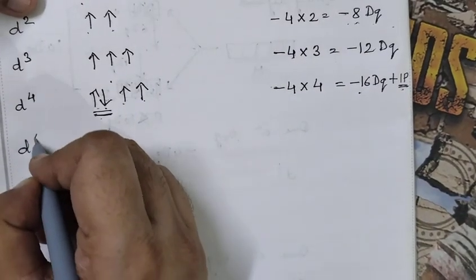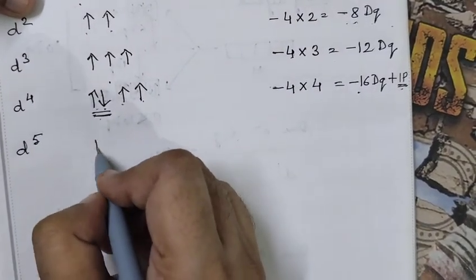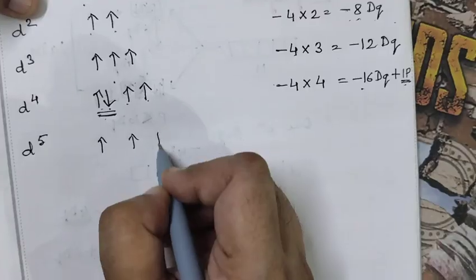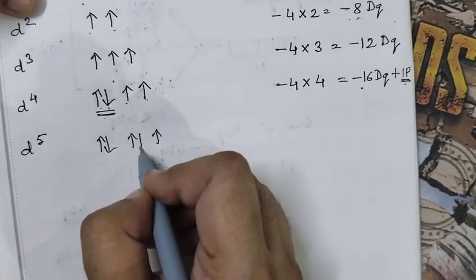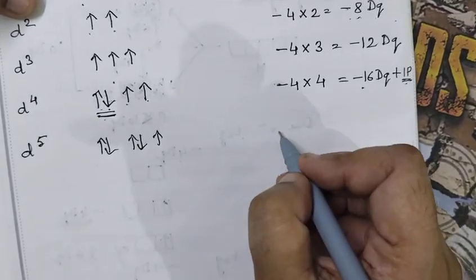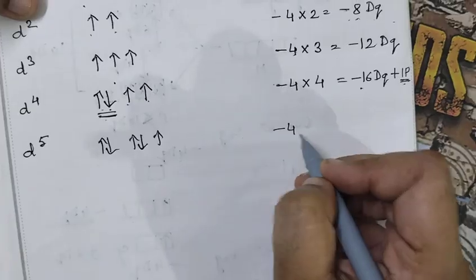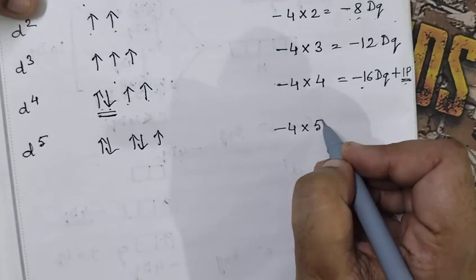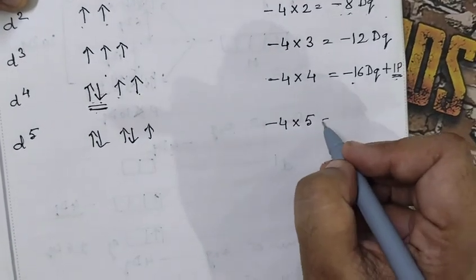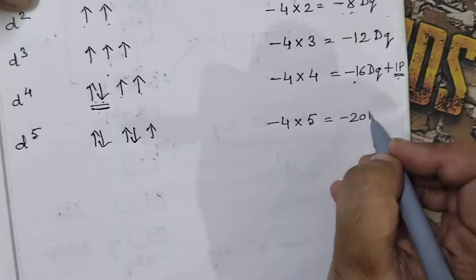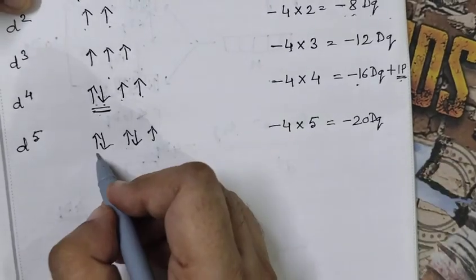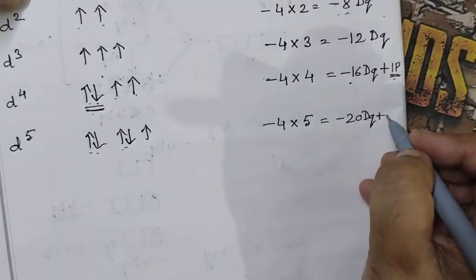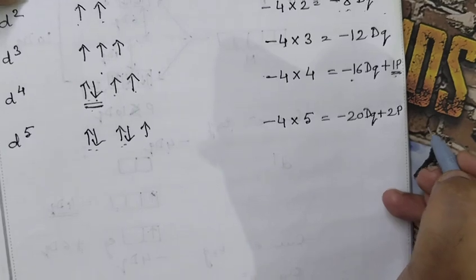Now when we have D5, 1, 2, 3, 4 and 5. That is minus 4 for 1 and there are 5 such electrons in T2G. So it will be minus 20 dq. And since 2 pairs are there, it will be plus 2p.